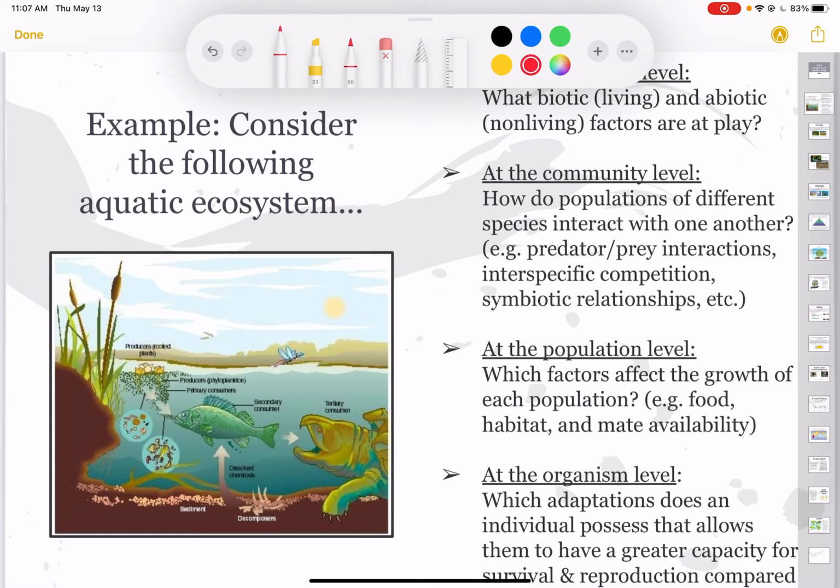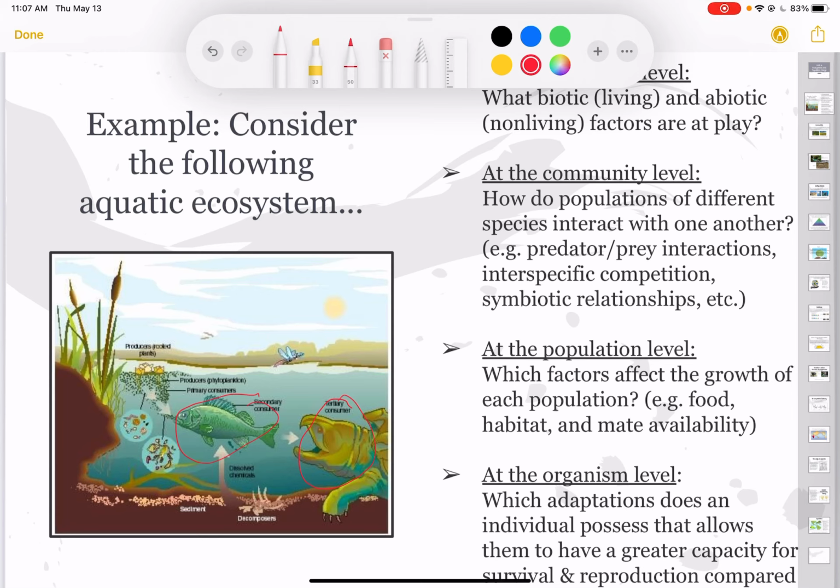At the community level, how do populations of different species interact with one another? Well, we've got predator and prey, and we've got competition. Competition might be for food, maybe this guy is trying to get the same food as this guy, so who's going to get the food? There's symbiotic relationships, so some things depend on others. At a population level, which factors affect the growth of each population?